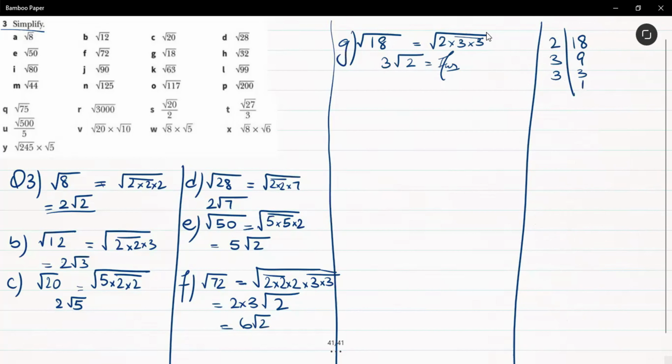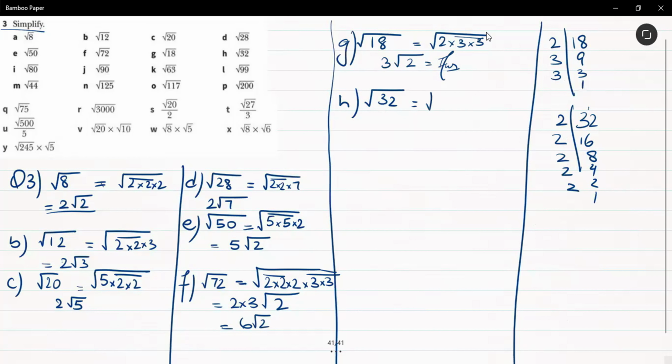For part H, we have under root of 32. Again, just take out the LCM. 2 16s are 32, 2 8s are 16, 2 4s are 8, 2 2s are 4, 2 1s are 2.